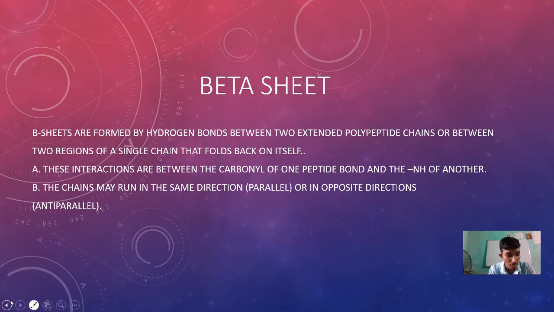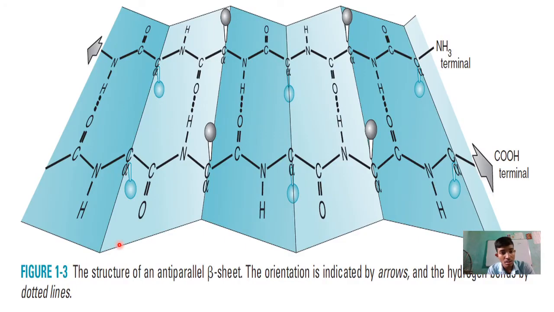Let's see the picture first. This is an extended polypeptide chain, and here is another extended polypeptide chain. If you observe, you can easily identify the hydrogen bonds here and here. Each plane of the polypeptide chain lies on a plane, and they are connected by hydrogen bonds, as before in the alpha helix.